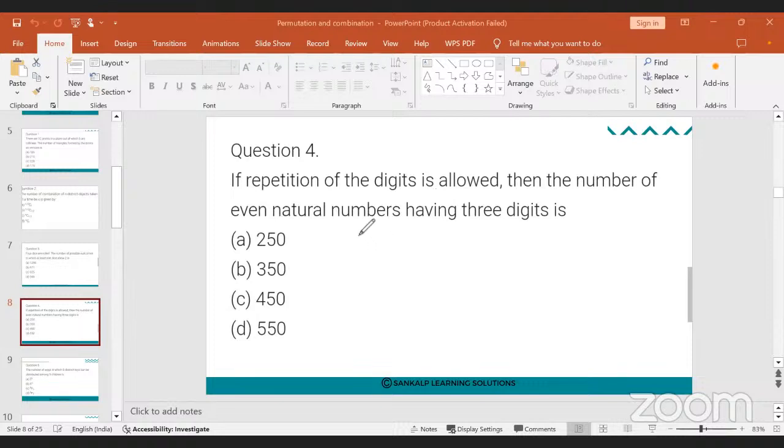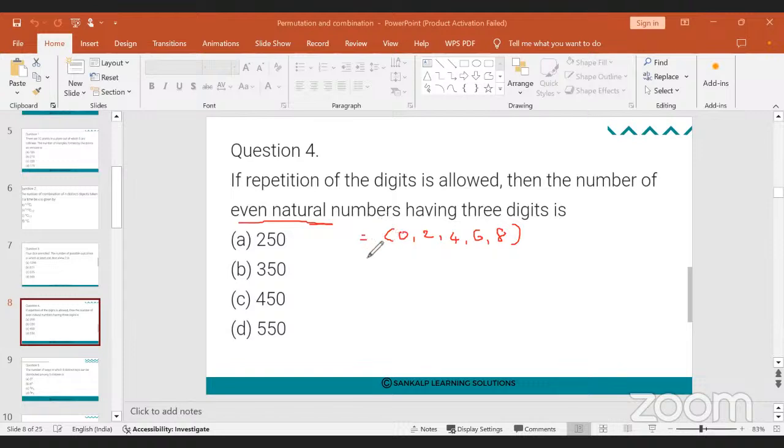See here, if repetitions are allowed, on the first place we can write 0, 2, 4, 6, 8, that is 5 different ways, correct?